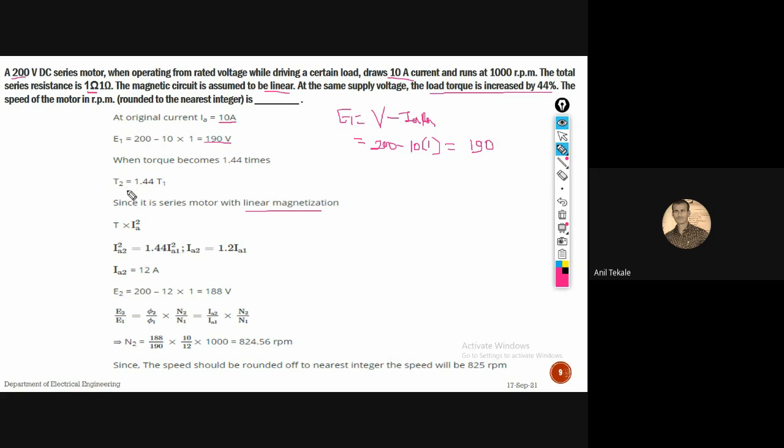If torque is increased by 44%, what does it mean? If 100 is the first torque, the next torque will be 144. Am I right?